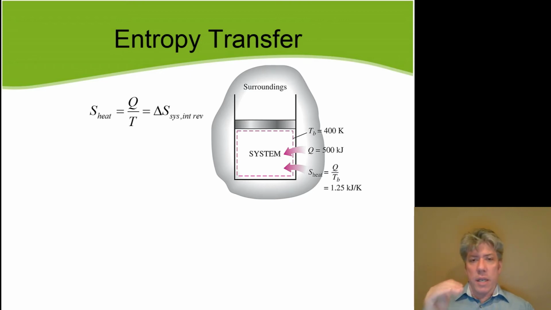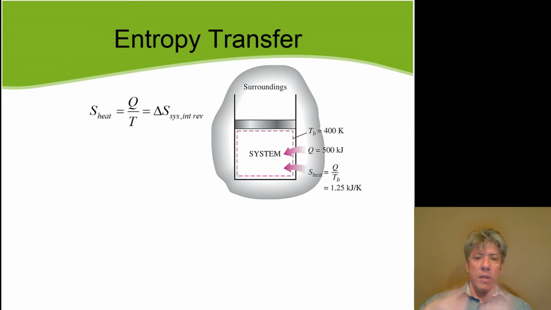Because this is a constant temperature process, as we saw on the last slide, you can actually rearrange the equation. Instead of talking about the heat transfer equals the entropy change multiplied by the temperature, you can rearrange it and figure out how much entropy goes into the system, because it's just Q over the temperature at which that heat was transferred.